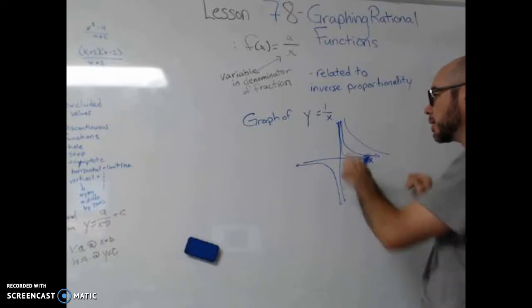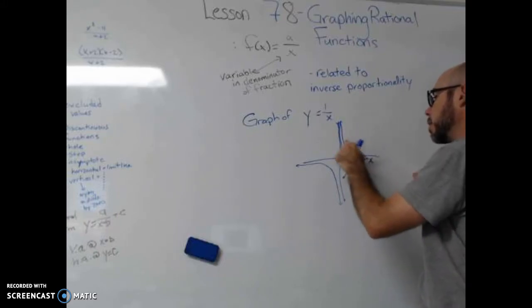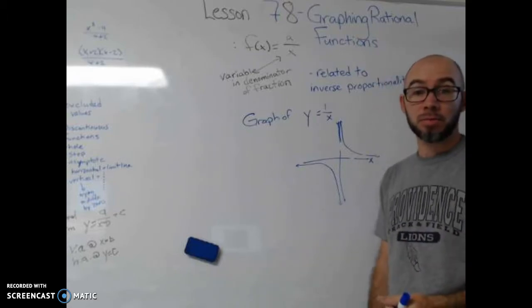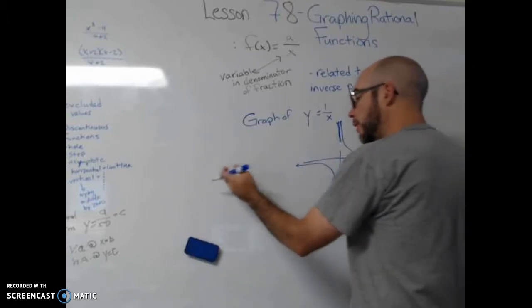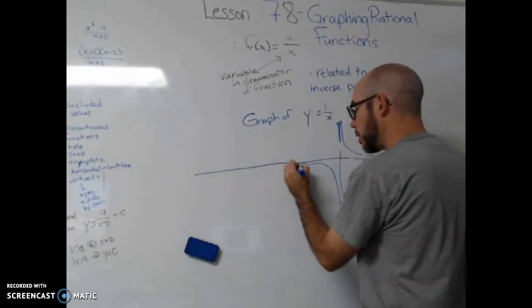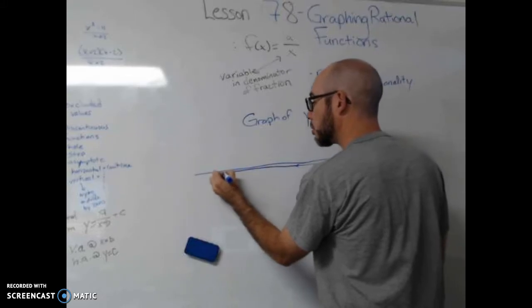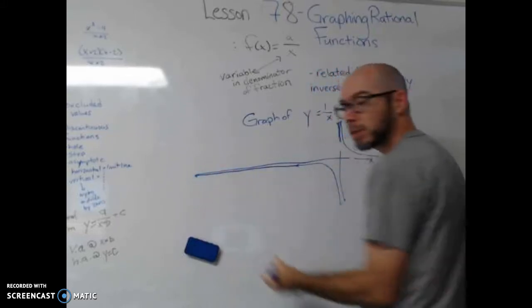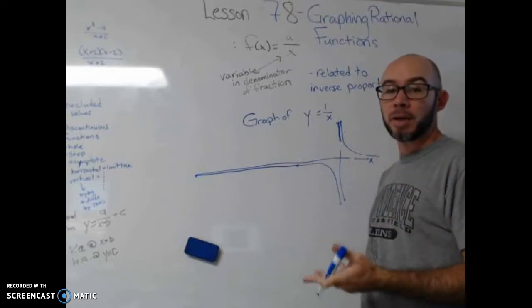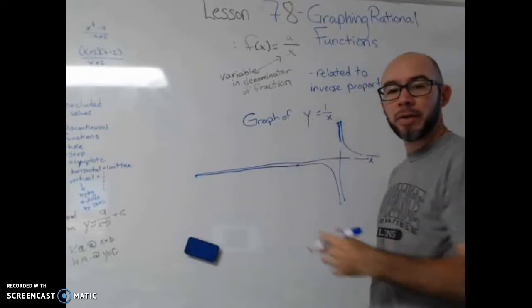But then the other thing is that there are 2 places on this graph that the graph never gets to. As it's graphing from left to right, and if we extended that line way super out there, this line just gets closer and closer and closer to 0 from the negative side, but it can never, ever get to 0, because you're always going to have 1 divided by something.